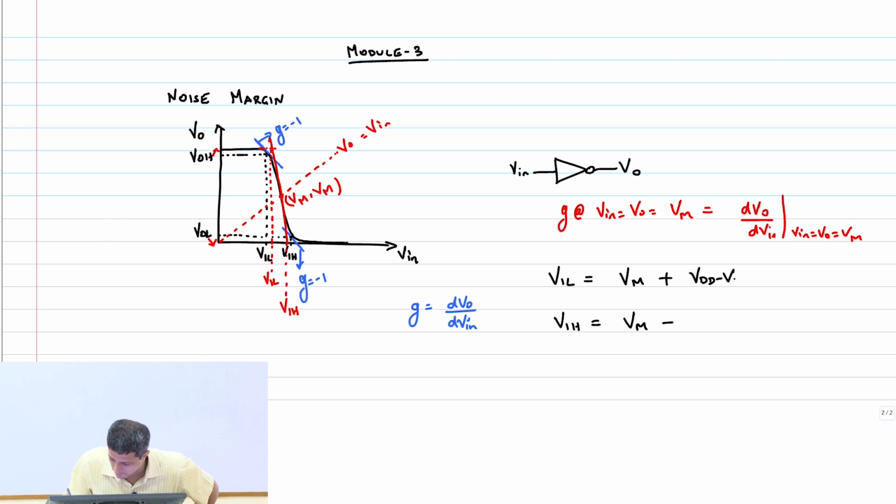VDD minus Vm by G. And VIH minus Vm by G, is it? Yeah, makes sense, because G is a negative gain. Minus minus will become plus, so VIH is to the right of Vm and VIL will be to the left. So this is the expression that we got.